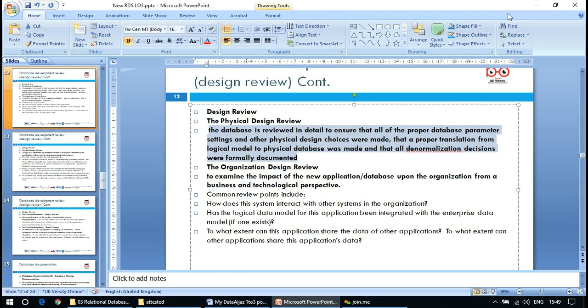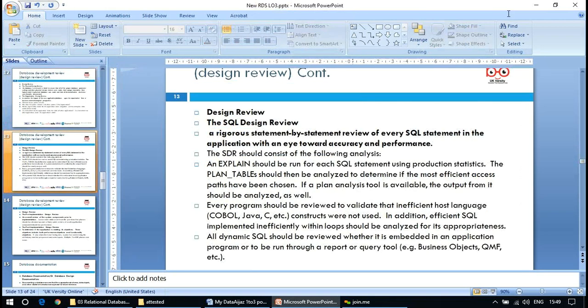So you think about it from the organization point of view as well. Then SQL design review. SQL is the structured query language, a rigorous statement by statement review of every SQL statement in the application with an eye toward accuracy and performance.